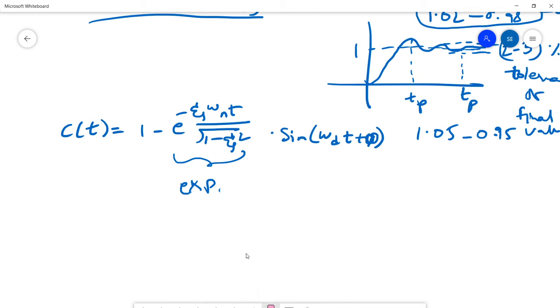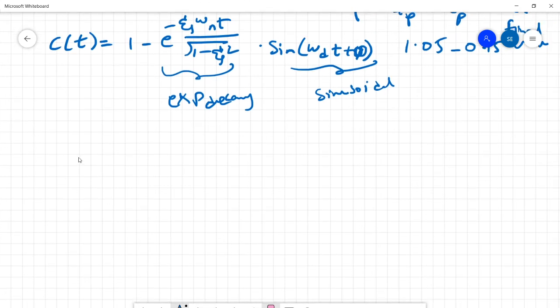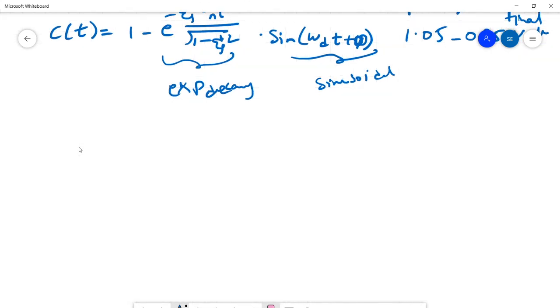Since the decaying exponential term is there, it reduces the oscillations.